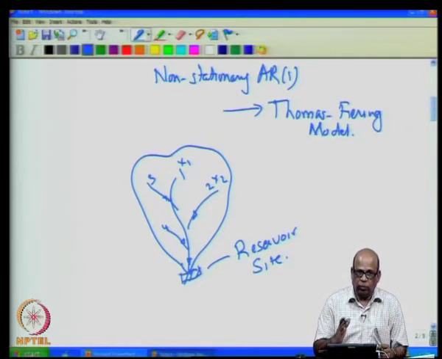Do not get mixed up with what we just discussed in the previous lecture. In the previous lecture, our focus was on developing a relationship between the flow at this location and rainfall at several locations. The rainfall was causing the flow, and that is why we built the regression relationship between the flow and the rainfall at various locations. The problem that I am discussing now is much different from what we have discussed in the multiple linear regression.